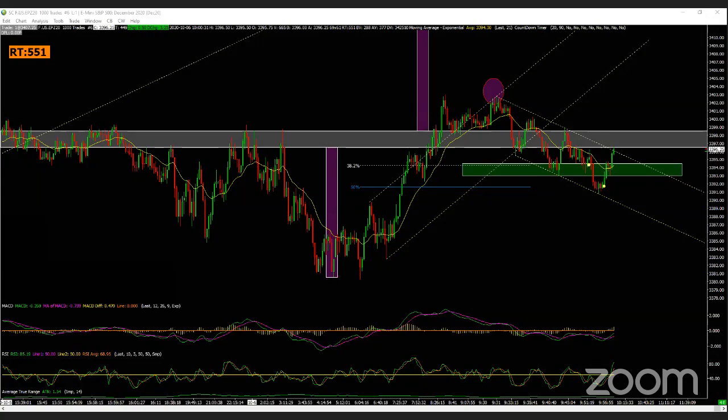Oh, there you go. Now she decides to go, retesting the resistance line. Right from there, what is she going to do? Is she going to collapse back down? Did we find a bottom?